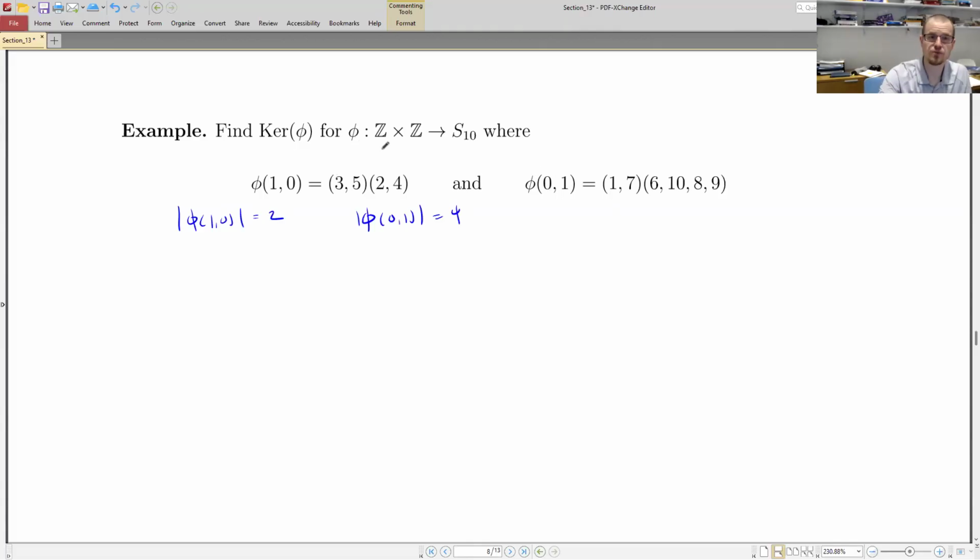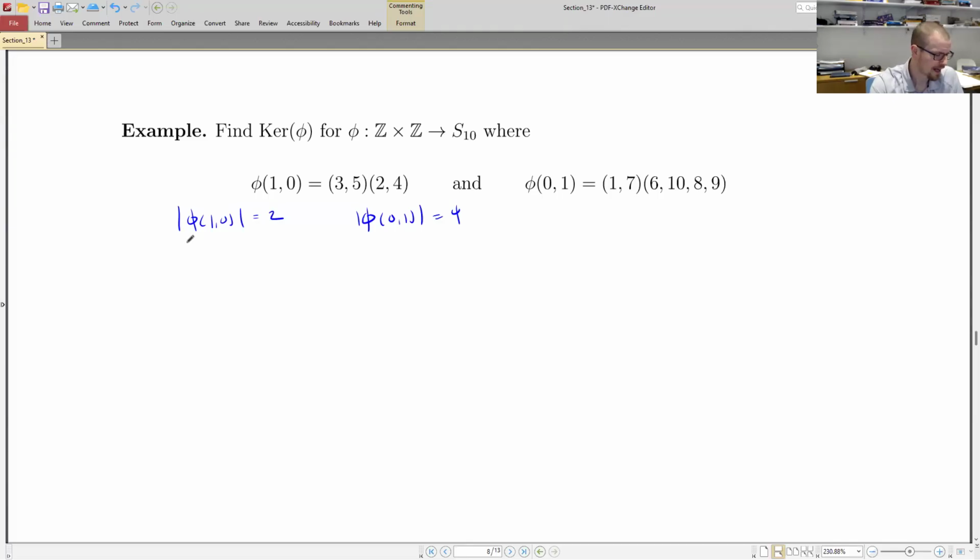We should be familiar with that as well. These both are cycles of length 2. Therefore, they have order 2, and the least common multiple of 2 and 2 is 2. Order 2, order 4, least common multiple of 2 and 4 is 4. So that's what we get for the orders of those elements.